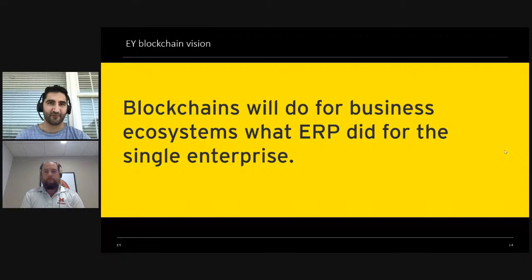So at those times, before the systems spoke to each other through a single ERP system, they typically had disparate systems to manage all these different pieces of data.